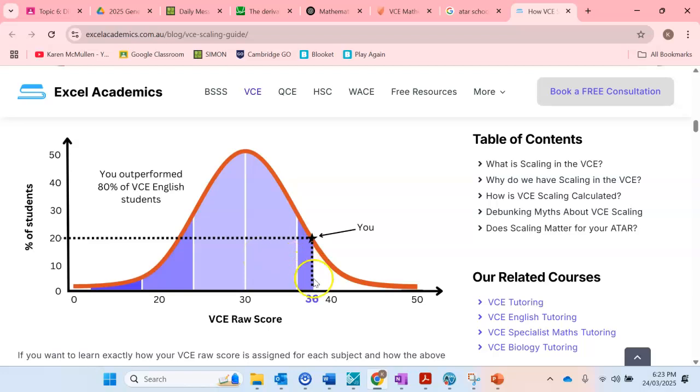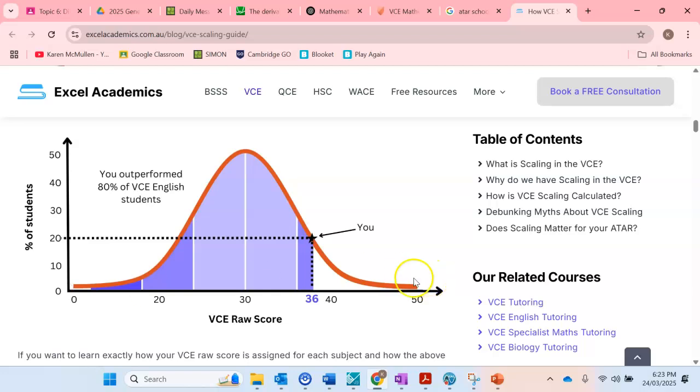Now, if you got 36 in English, which is a great score, let's say this is you, and we go across, 20% of students got that score. As it says here, you outperformed 80% of VCE students. Now, as you go further and further down, imagine if we got maybe 45, which is here, you're probably in the top maybe 4%.